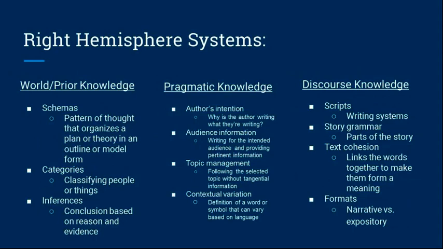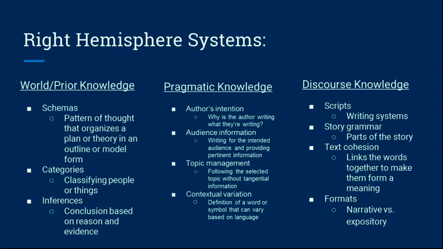Right hemisphere systems contain different things. These include world and prior knowledge, which is another way to say what a person has been exposed to. Pragmatic knowledge is how language is used with different people in different places.